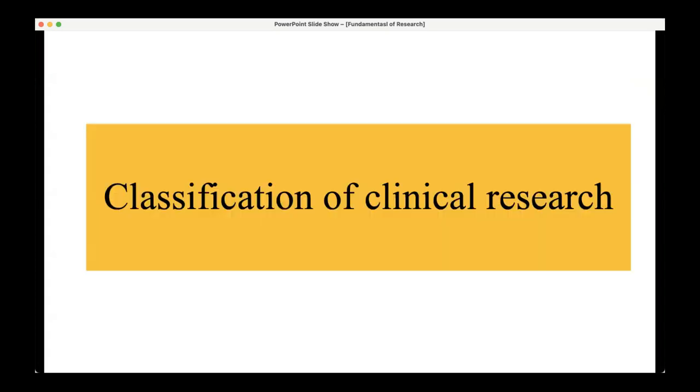How can we do the research? There are so many types of research, so many classifications of research present in the literature and on Google. So I will try to make them easy for you all to understand.